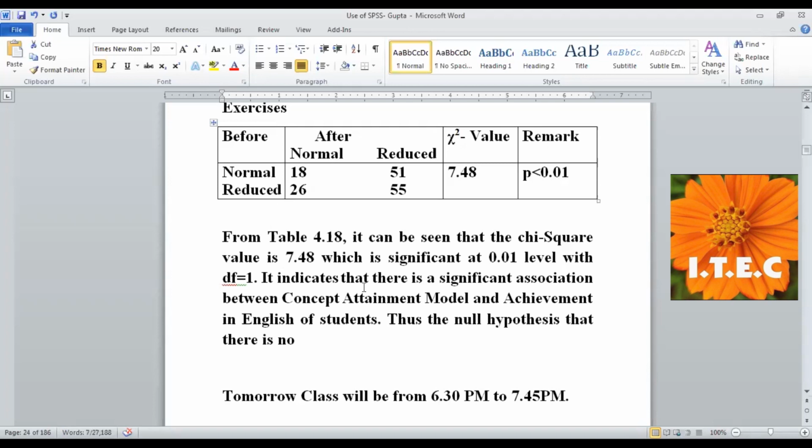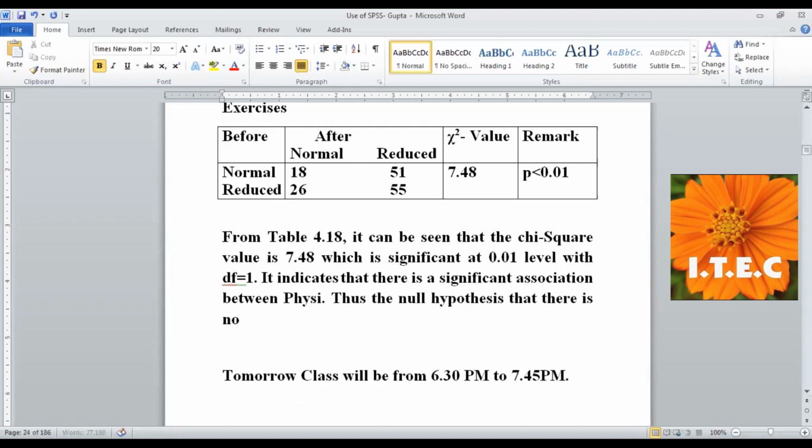So therefore, it indicates that there is significant association between physical exercises and weight of people.